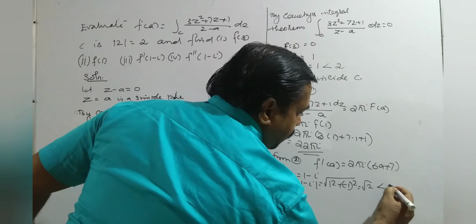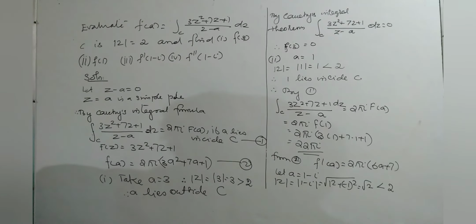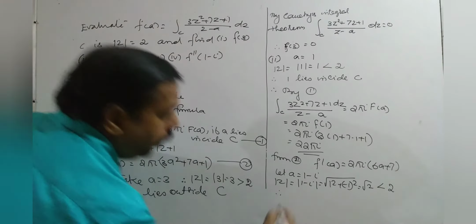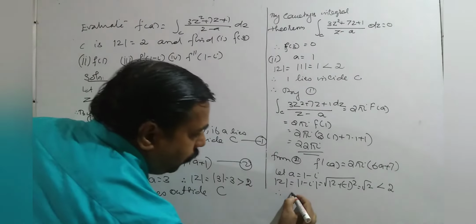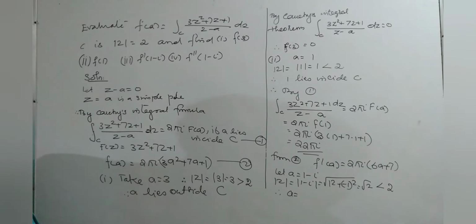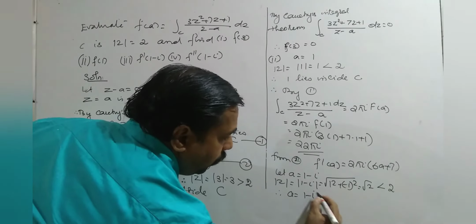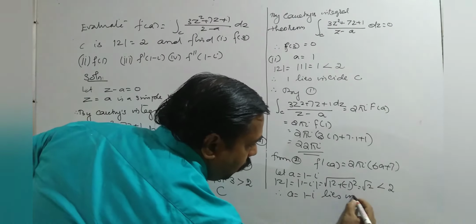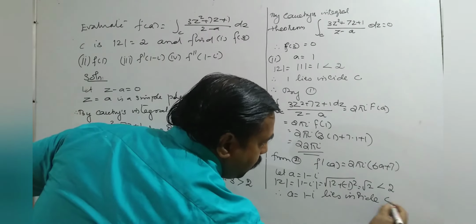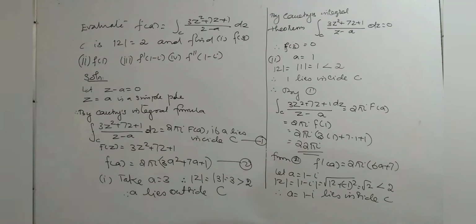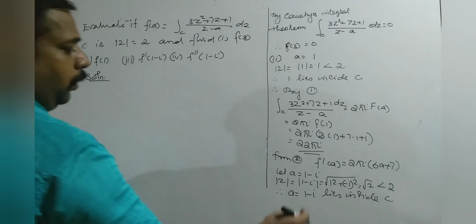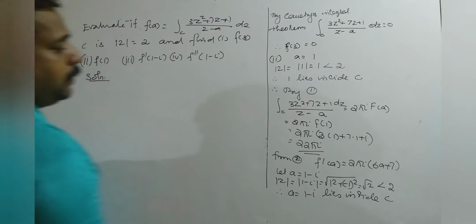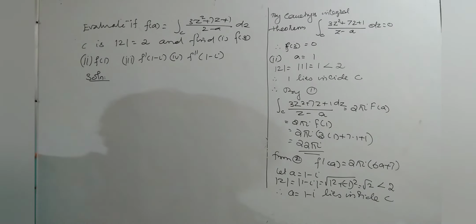This is always less than 2. Therefore a equal to 1 minus I lies inside C.